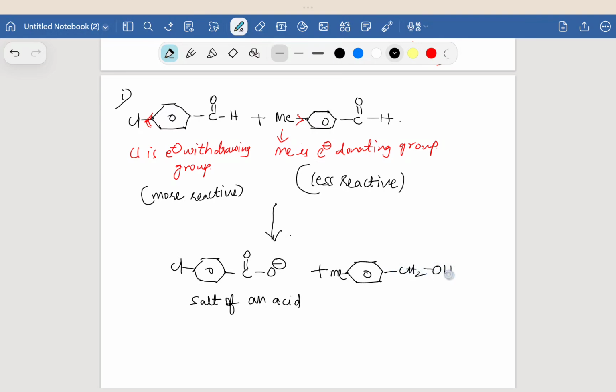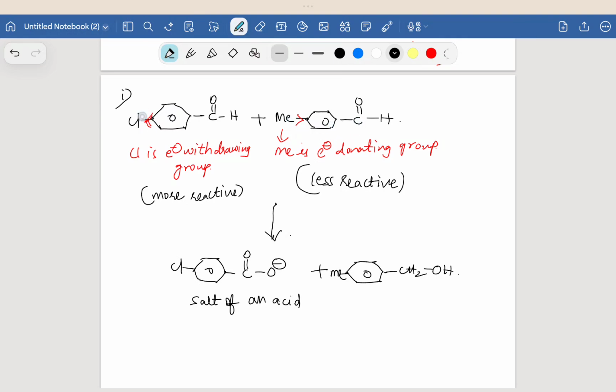Why is it less reactive? Methyl is a donating group. When it donates electrons, this carbon, which acts as the electrophile, needs electrons, so its electrophilicity will decrease.